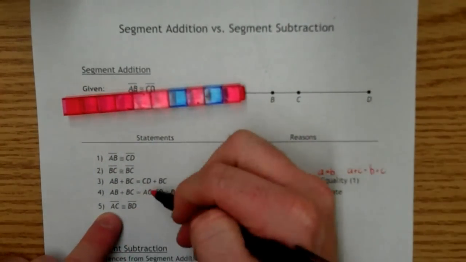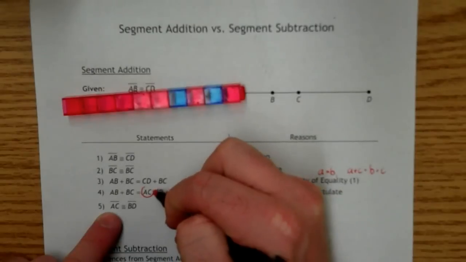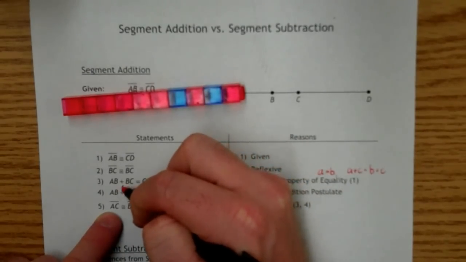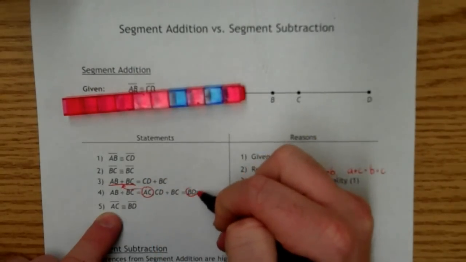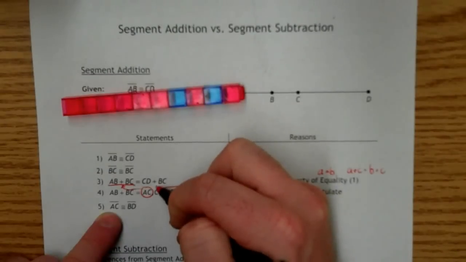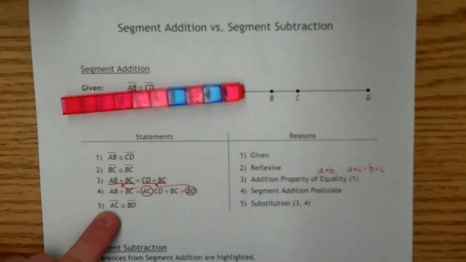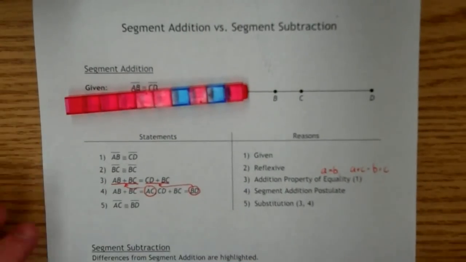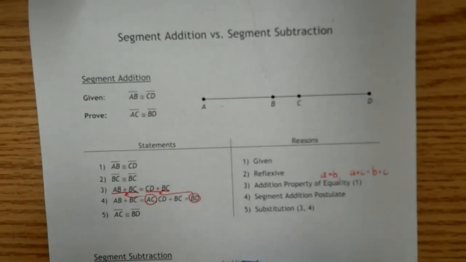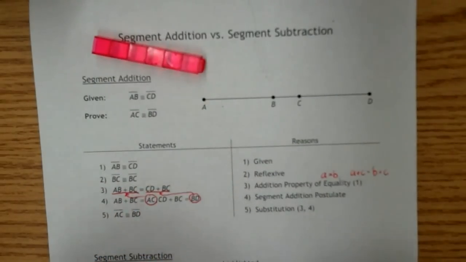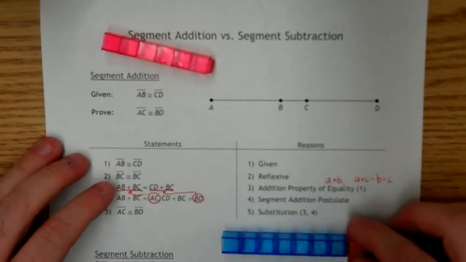What I did was I substituted AC in for AB plus BC, and I took BD and I substituted it in for CD plus BC. So that's a substitution. And the result is what you want, that segment AC is congruent to segment BD.